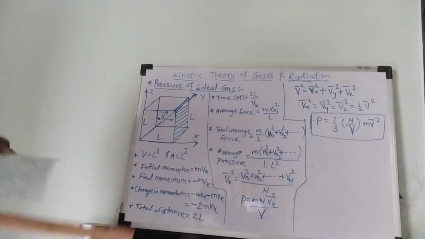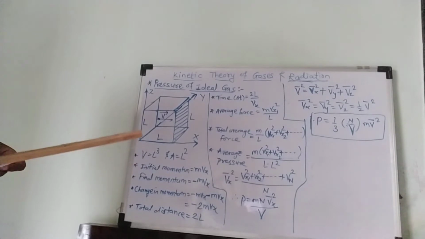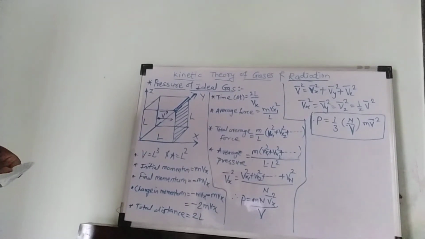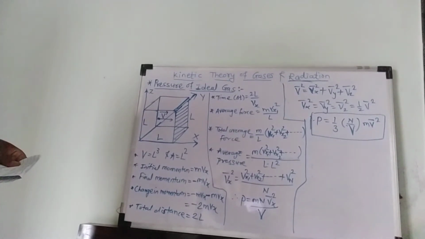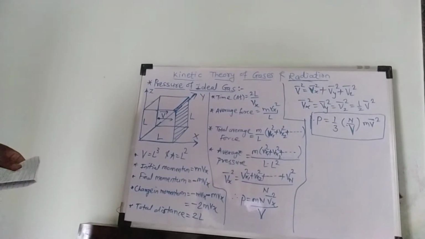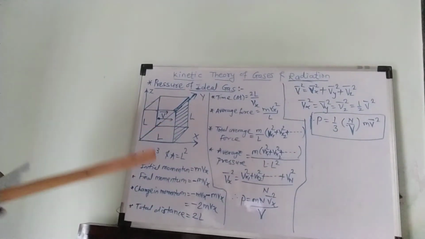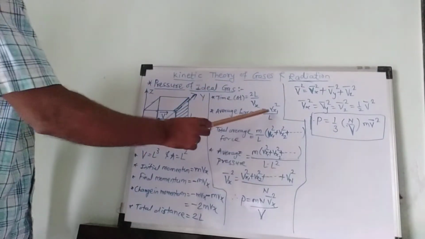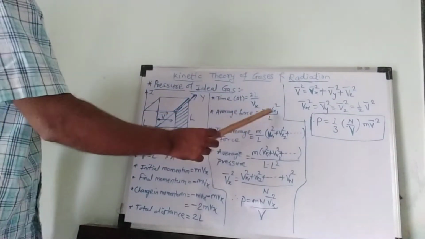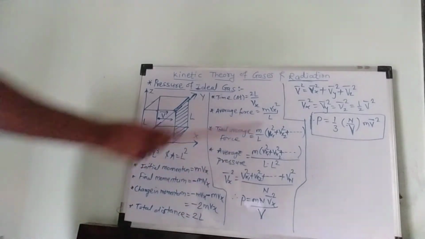The average force exerted on the shaded wall by the molecule is given by the average rate of change of momentum, and therefore average force is equal to mVx1 squared upon L, for the first molecule.